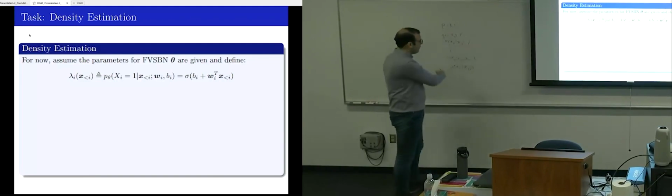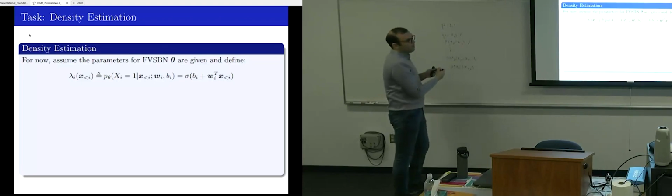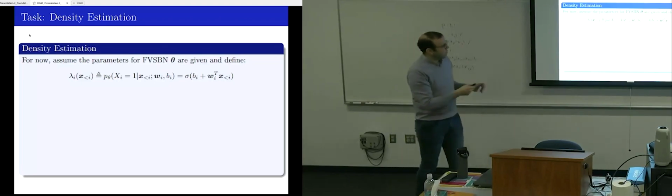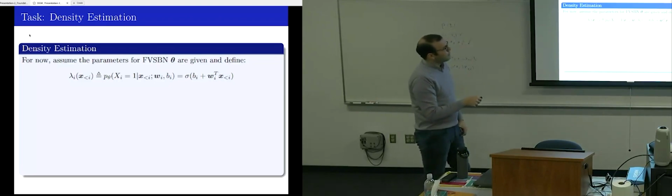As you can see, if you start using p of theta because you are using a model, and it is not the complete family, the probability of your random variable being equal to 1 is the Bernoulli parameter, which is the sigmoid over this affine transformation over the previous elements.